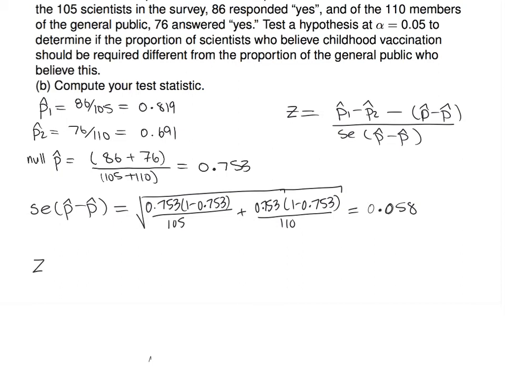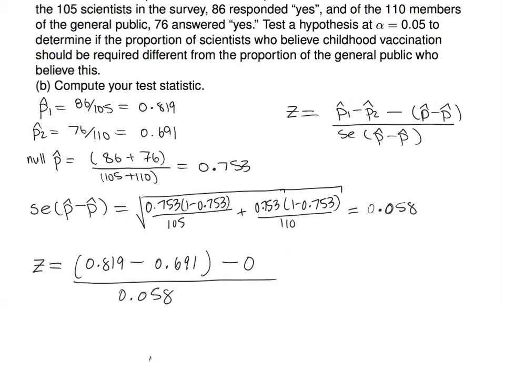Now our z-statistic, our test statistic, is 0.819 minus 0.691 minus 0 divided by this 0.058, which comes out to be approximately 2.21.